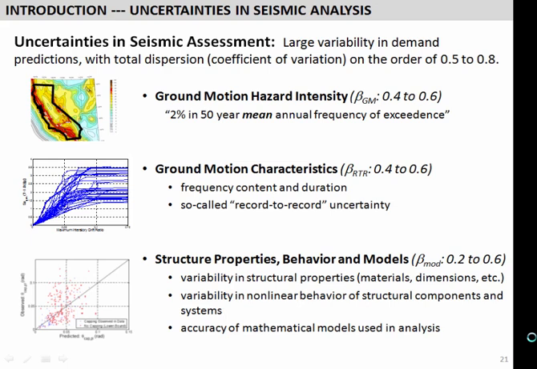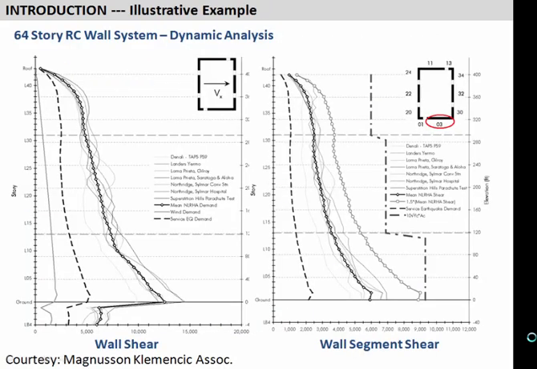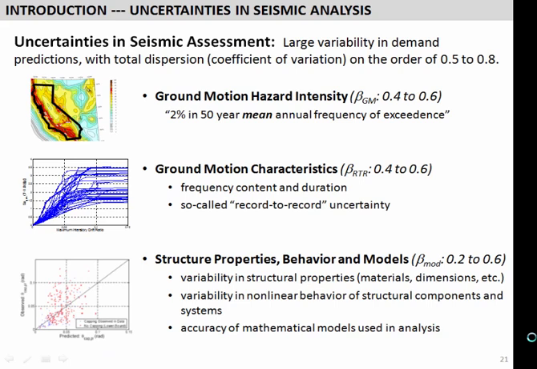Then there's these so-called ground motion characteristics, and you see that when you take 7 or 11 records, we index them based on spectral acceleration, but based on different frequency content, duration, and so forth, you get randomness there, something we'll call record-to-record uncertainty. And that really comes out explicitly when you look at plots like these from, say, taking 7 ground motions that are just scaled up. You see that record-to-record uncertainty.